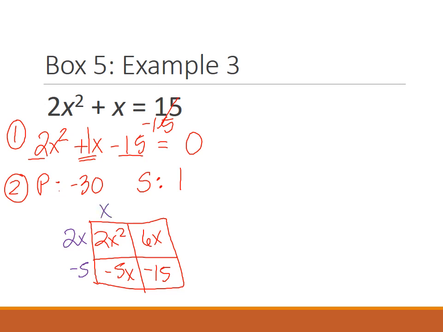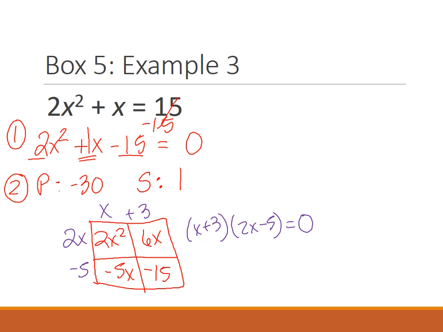And then the GCF of our last column. Positive 3. So therefore our factors are x plus 3 times 2x minus 5 equals 0. So that's step 2. We have completely factored.